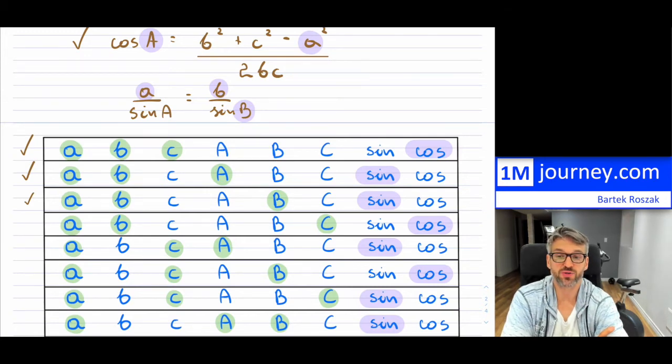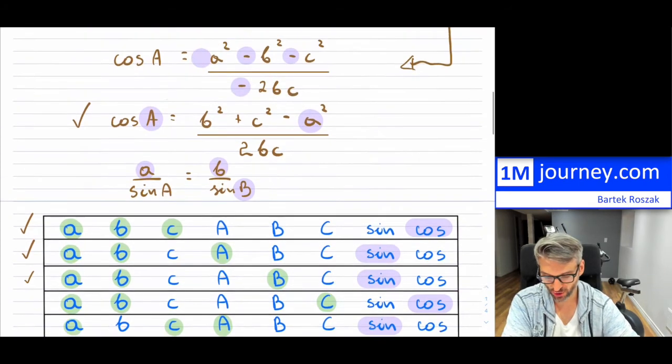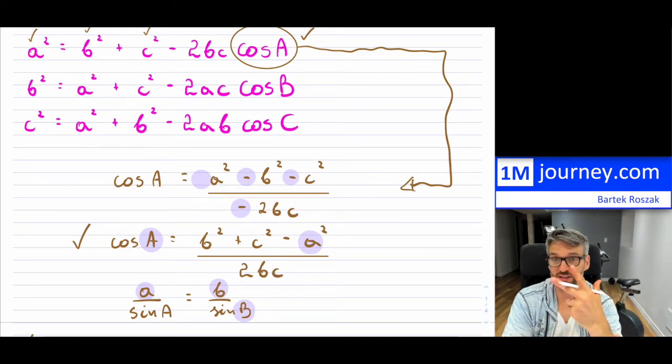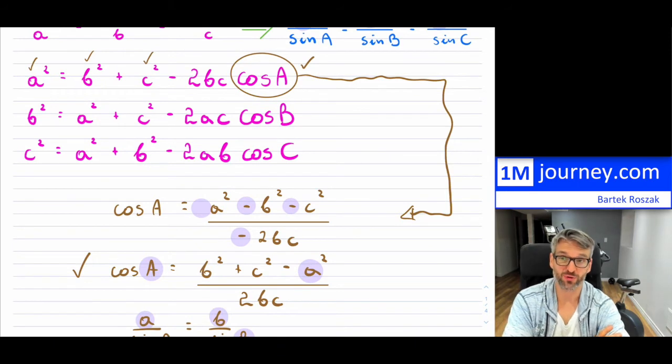I cannot use the cosine law for this, just as I could not use the cosine law for the previous row. The reason is that in the cosine law, one of the key assumptions is, if all 3 sides are given, then sure, you can find any angle using the cosine law. But in the other case, you will always have to have at least two sides given.